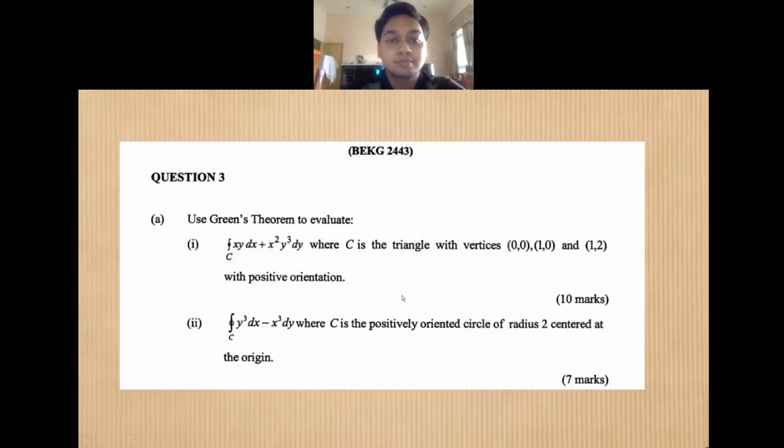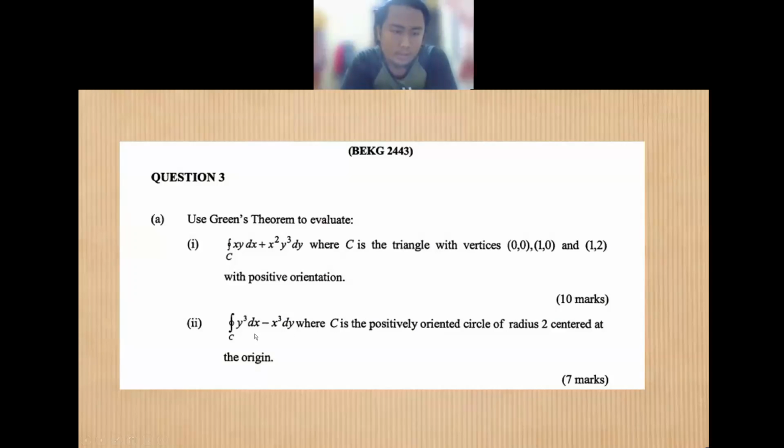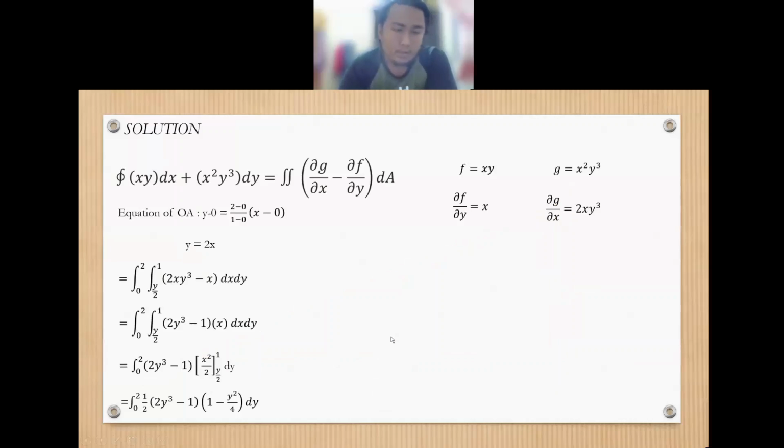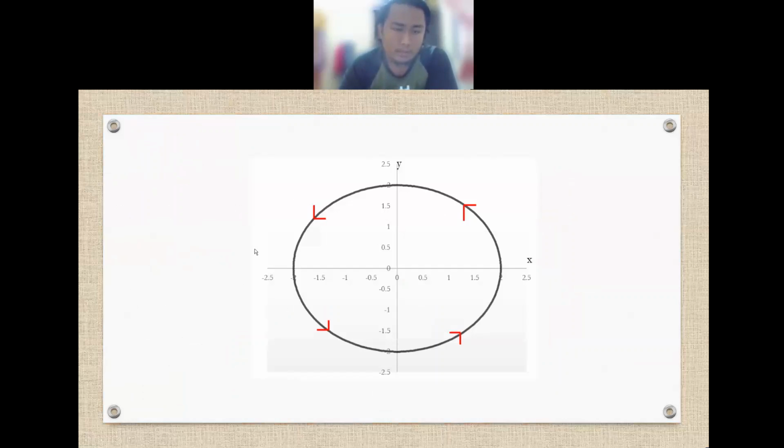Okay, thank you, Irfan. My question is to integrate over C y cubed dx minus x cubed dy, where C is the positively oriented circle of radius 2 centered at the origin. Next. So we got our circle which has radius of 2 and the counterclockwise direction.